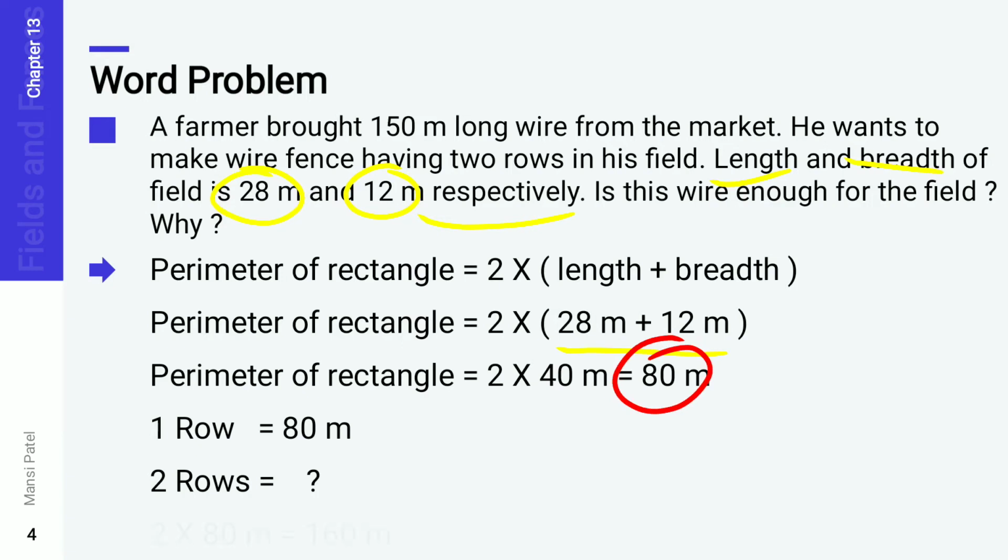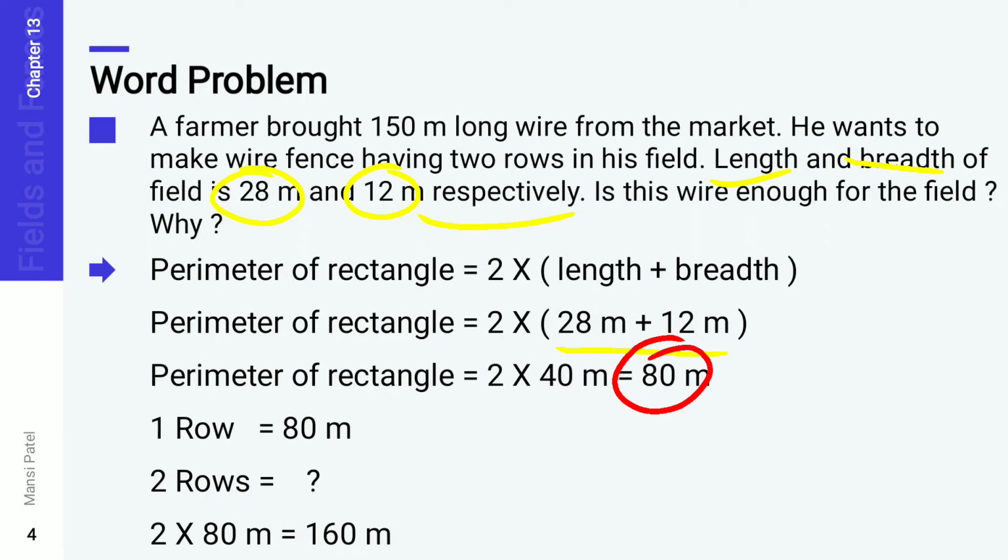Do the multiplication. The number which is written in the cross, do the multiplication. So 2 multiplied by 80. 2 multiplied by 80 is equal to 160 meter. If the farmer wants to make 2 rows in his field, then he needs 160 meter wire.